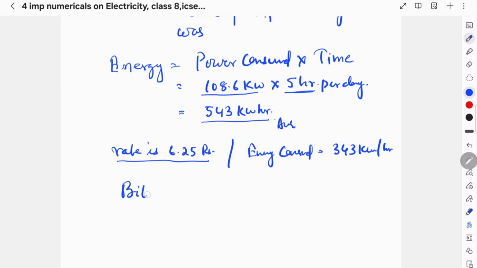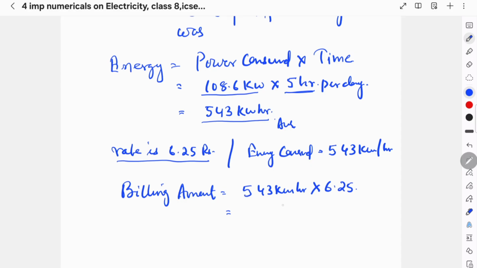So the billing amount will be 543 kilowatt hour into the rate 6.25. So this we will get.